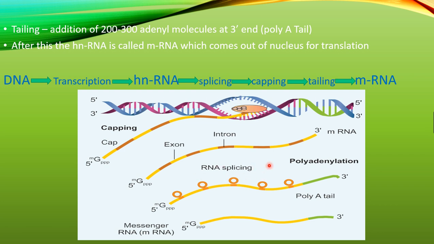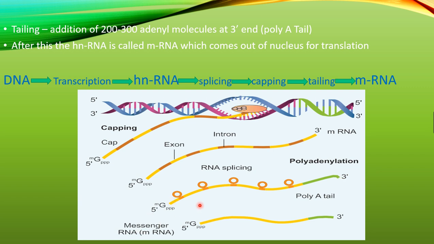What is splicing? Removal of introns is called splicing. mRNA splicing is the removal of introns, or non-coding sequences, and only exons are present. After splicing, the important thing is capping and tailing. So what is capping?